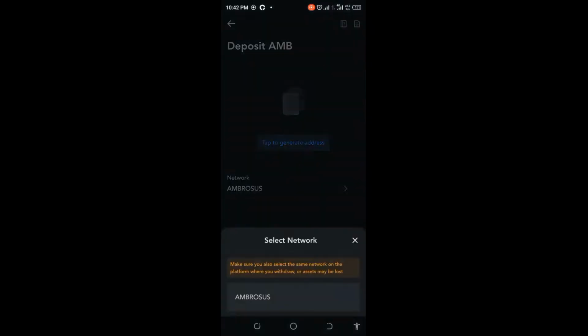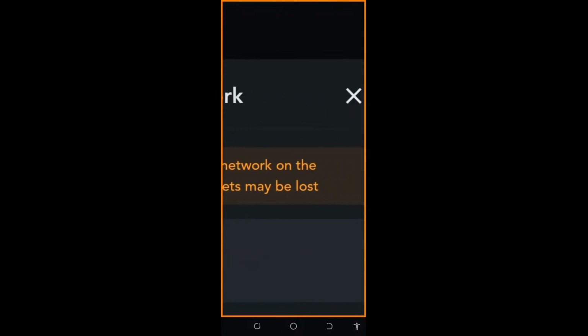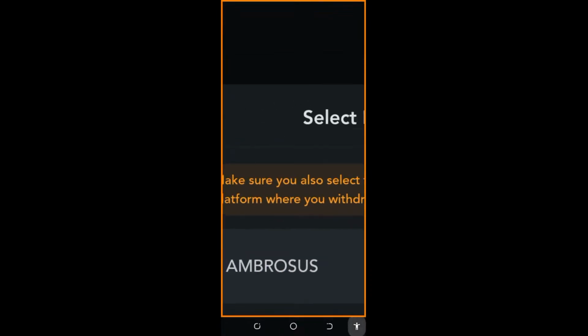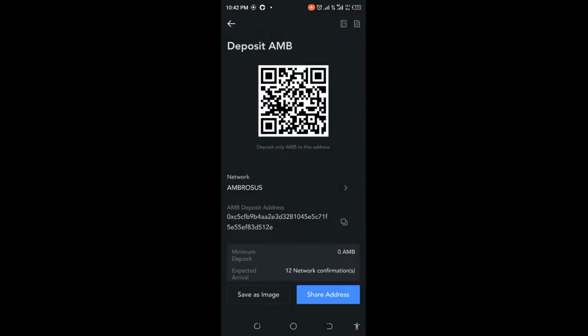He said we should make sure that you also select the same network. Let me check. Oh yeah, I did that. So let's tap to generate the address. Okay, great. Let's generate the address and get that done.